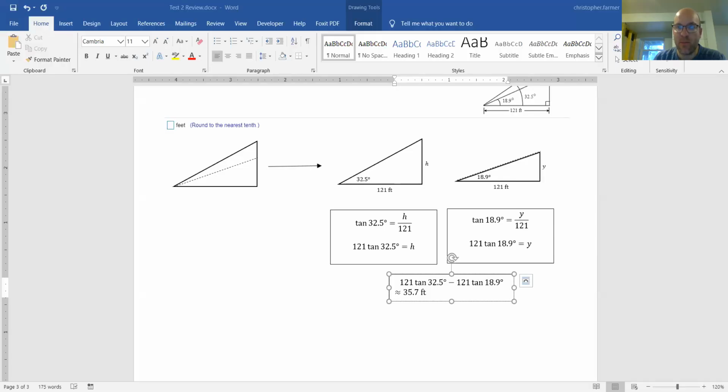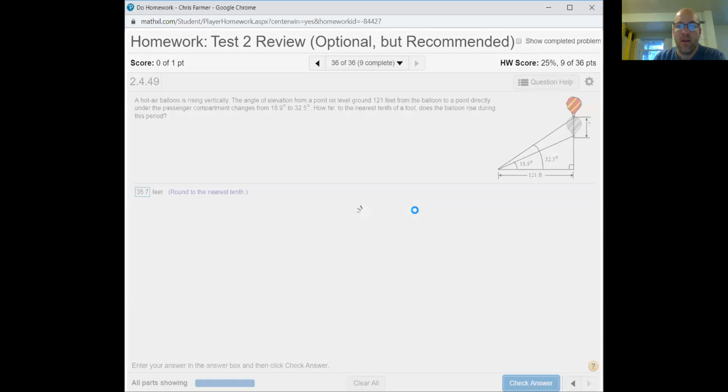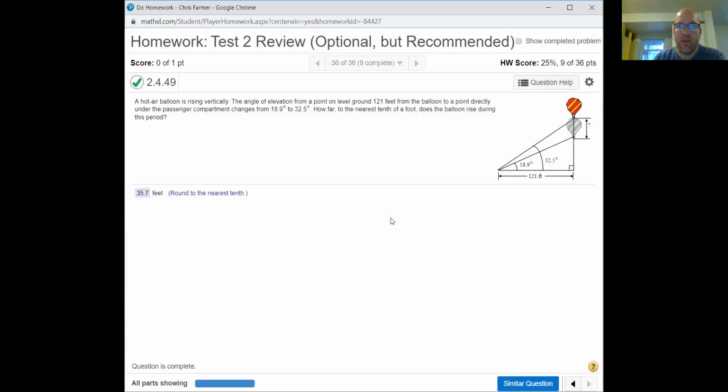Other than just double checking that I remembered that correctly, that is exactly what we're doing for an answer. So we should end up with 35.7. Go back into MyMathLab, throw in the 35.7, and hopefully I didn't make any silly mistakes along the way, and we're good.